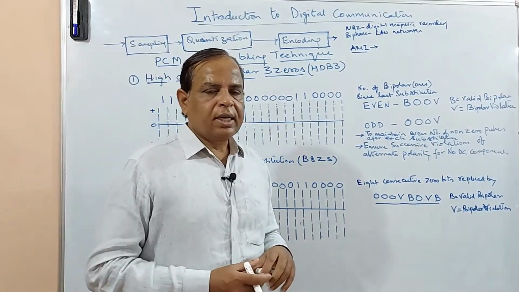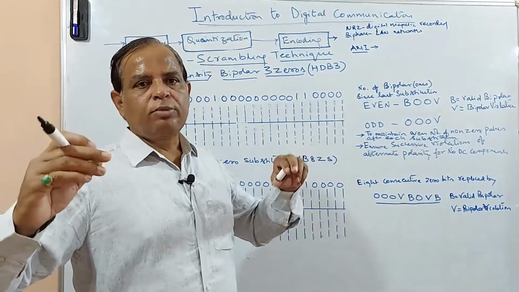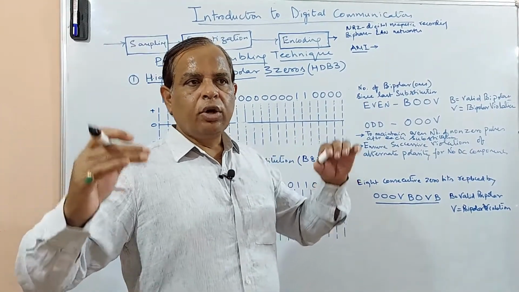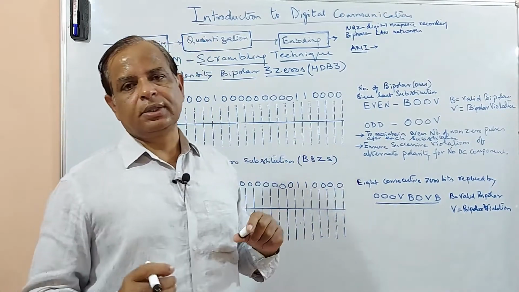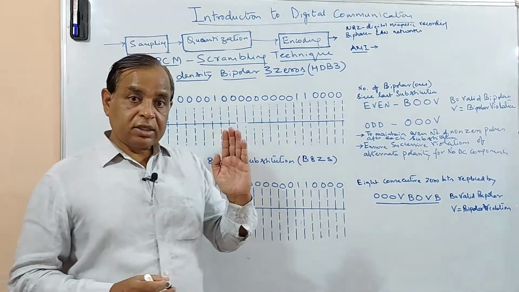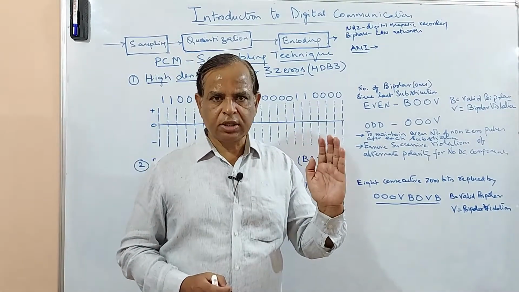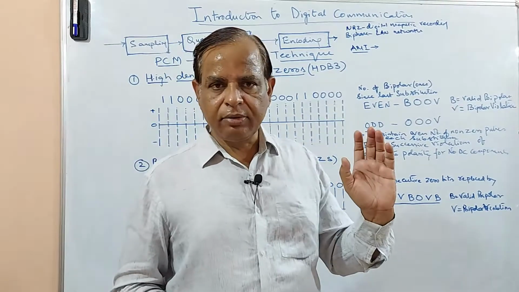We call this baseline wandering, because most of the time it is zero, so some noise overlaps onto it and it wanders. Otherwise that technique is good. The AMI scheme is good for long distance transmission because it consumes less bandwidth.